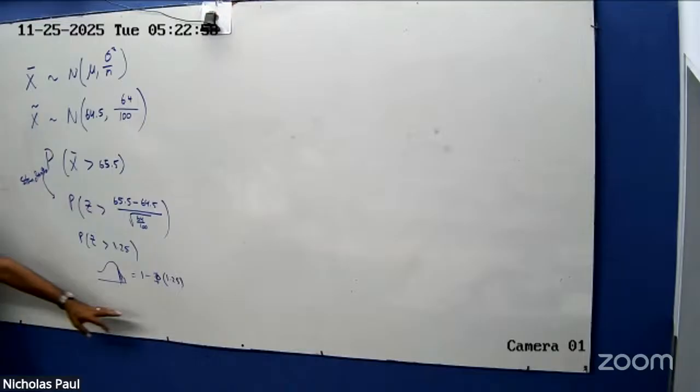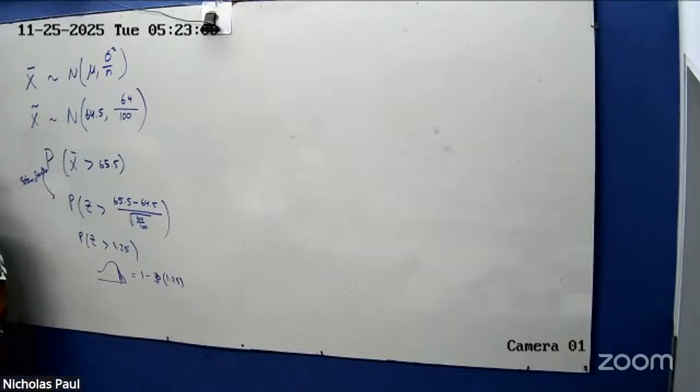When I go to stats and go to normal, I just type in which one it is. If you put in the value, it will do it, but you have to do this with the normal distribution.